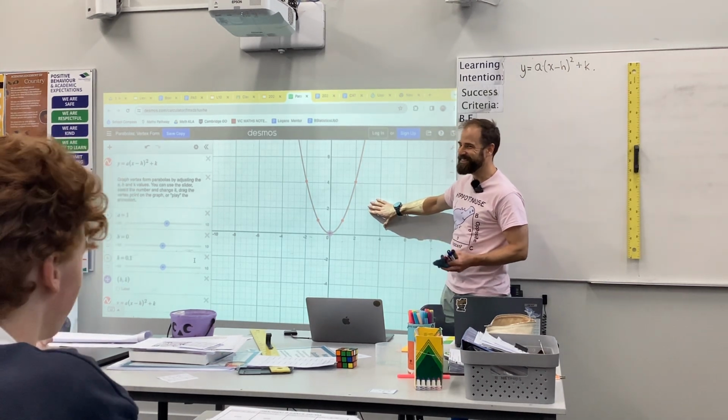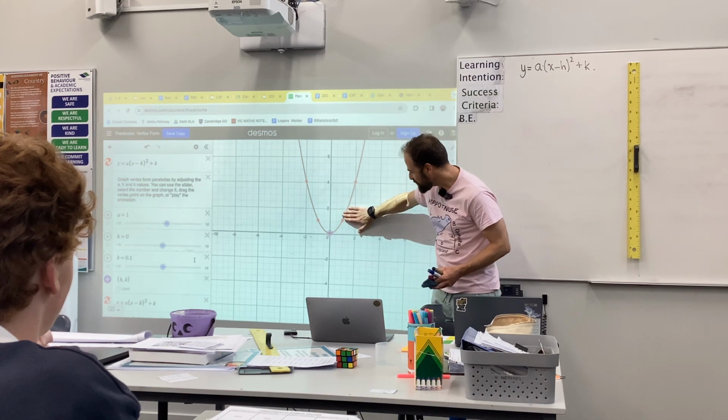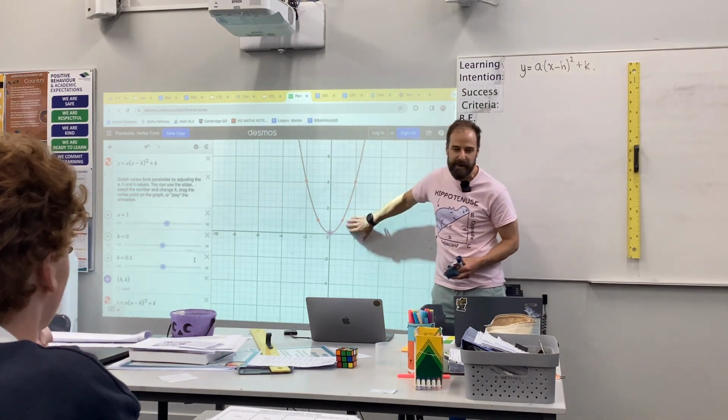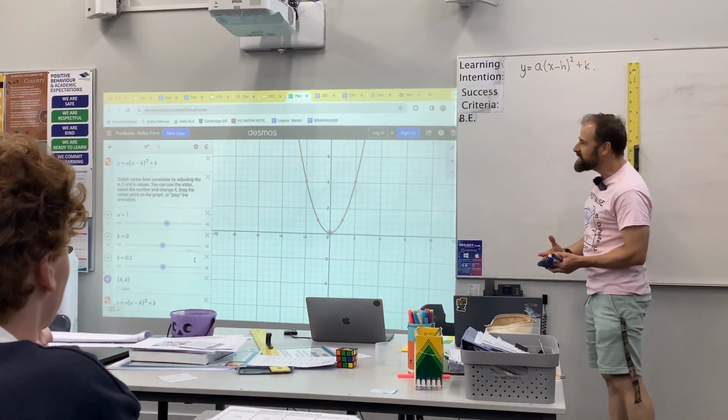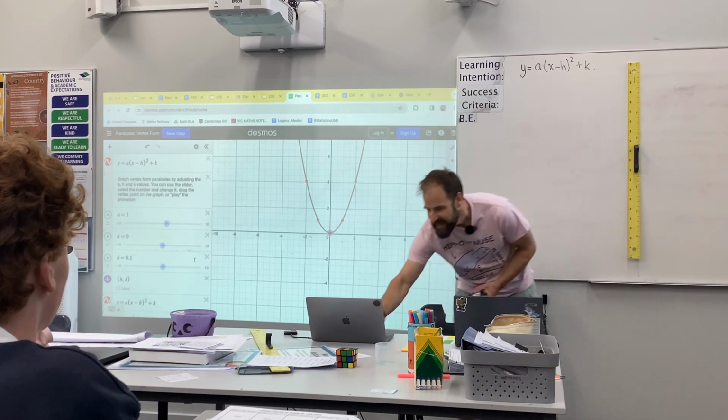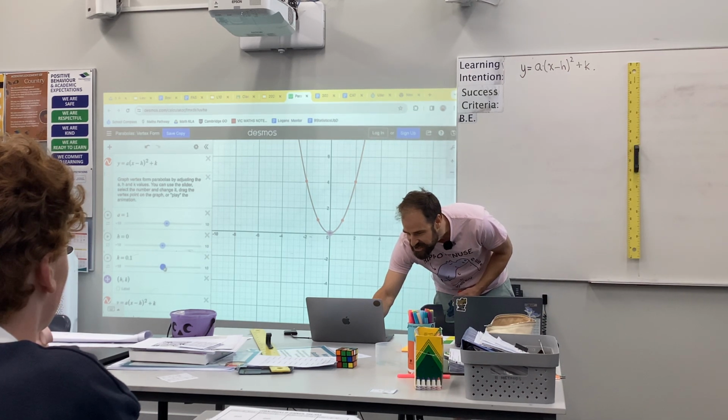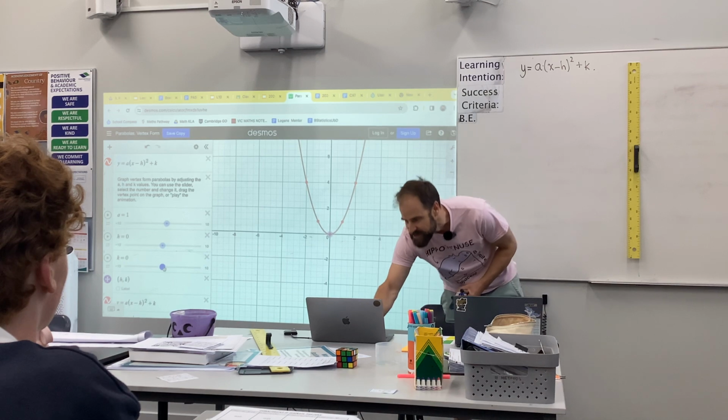That's it. Right, so this is our basic parabola. What I've done for this basic parabola is I have made A equal to 1, H equal to 0, and K equal to 0 as well.